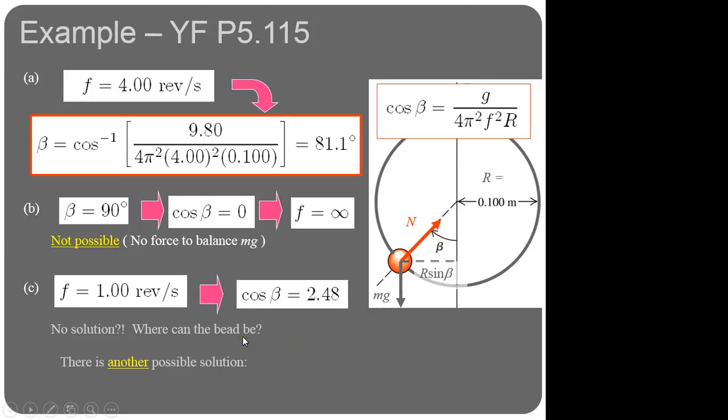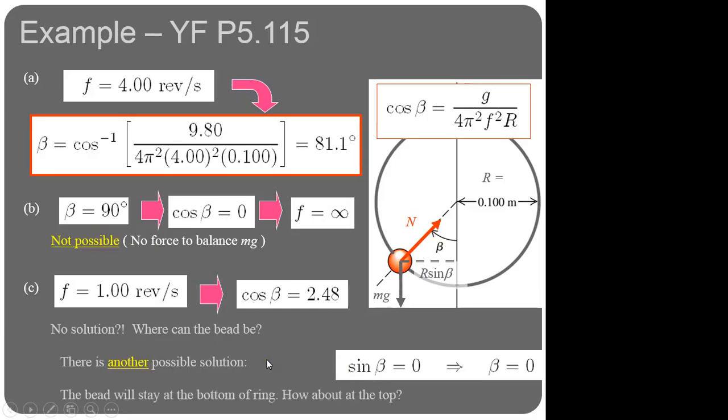Then where's the bead? Has it disappeared? That's why this question is tricky. It's actually too slow. When you spin at 1 revolution per second, it's too slow to bring the bead up.